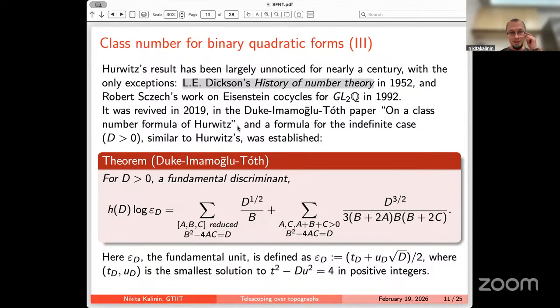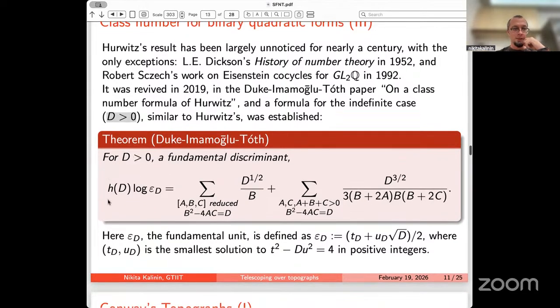So what they did, they said, okay, he has a formula for d less than 0, let's prove a formula for d bigger than 0. And yes, they proved such a formula. So here on the left, you have again the class number, but times the regulator, that's the logarithm of epsilon d. And here epsilon d is the fundamental unit. So you take the Pell equation, you take the minimal solution in natural numbers, and then you take the logarithm of it.